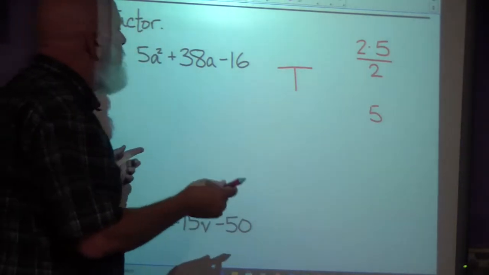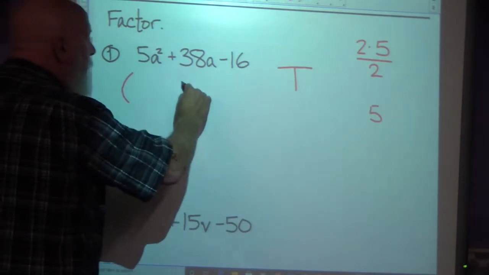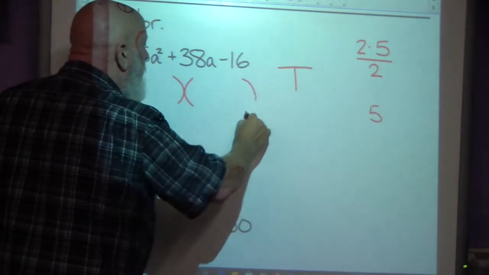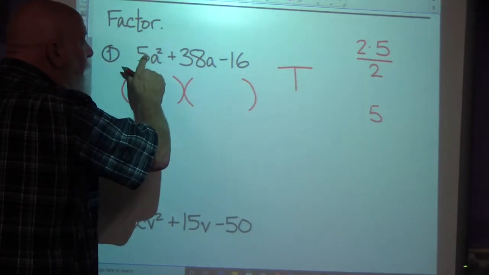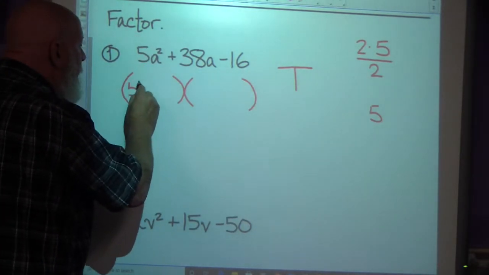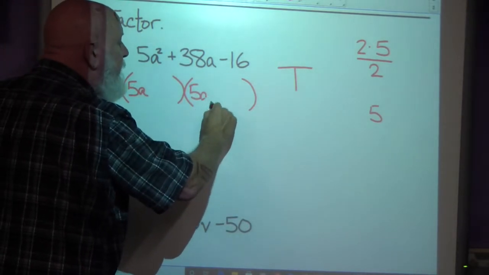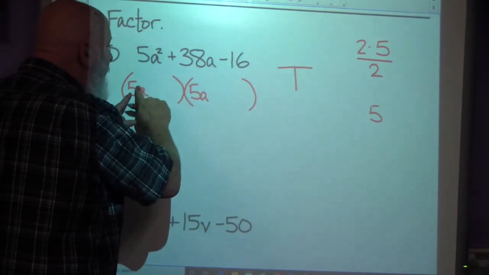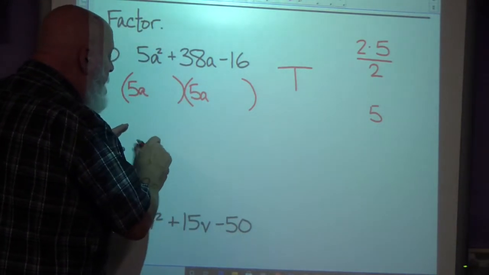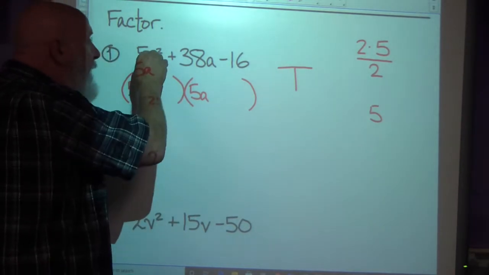What we do when we use the T method is we open up 2 sets of parentheses, and we put 5a, in this case, we take this number and put it here, and we put it here. Now look at this. If I were to FOIL this, I go 5a times 5a, I would get 25a squared. And I don't want 25a squared, I just want 5a squared.